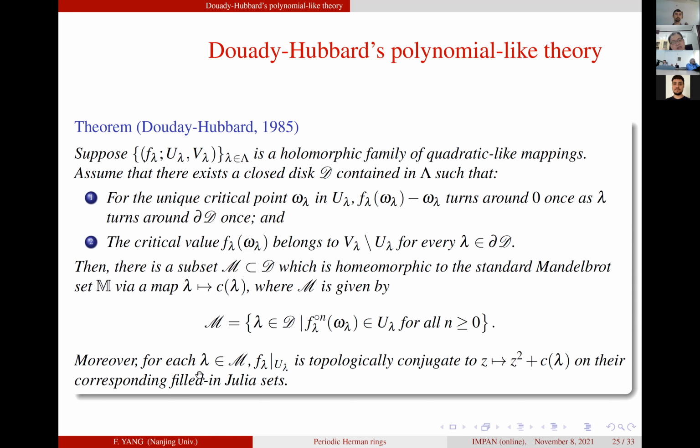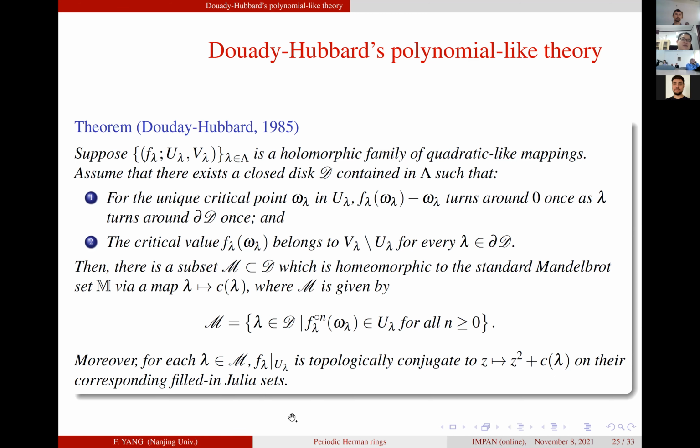Moreover, for each lambda, the restriction of f_lambda on U_lambda is topologically conjugate to the quadratic polynomial on their corresponding filled Julia sets. This is the Douady-Hubbard straightening theorem.